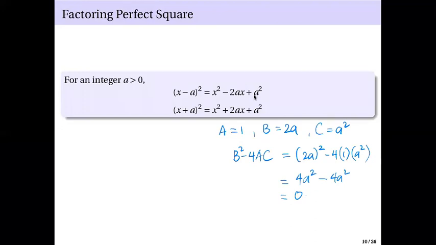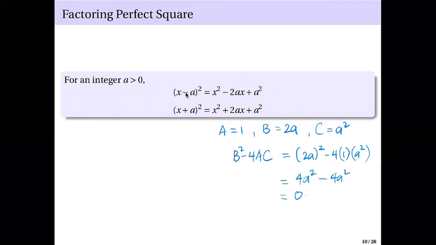So perfect square. The complete name is perfect square trinomial. It's a trinomial because you got 3 terms here, and it's actually a perfect square if you factored it.